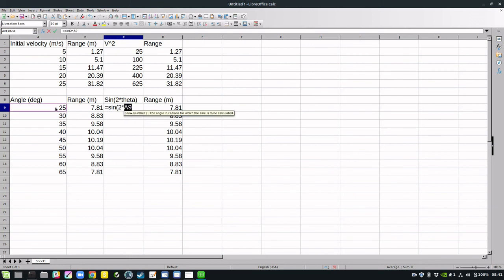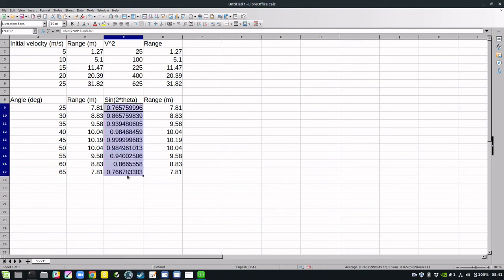Now let's convert to radians. So we'll say times 3.14, that's pi, divided by 180. That's how you convert from degrees to radians: you multiply by pi and then divide by 180 degrees. And so we've got our sine 2 theta there. And now we should plot this versus this.